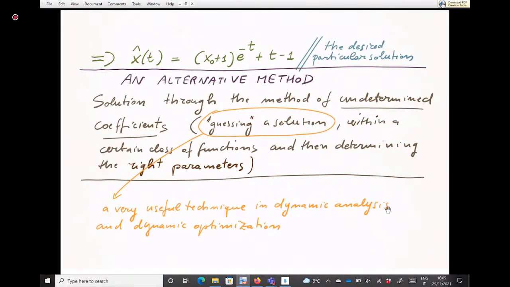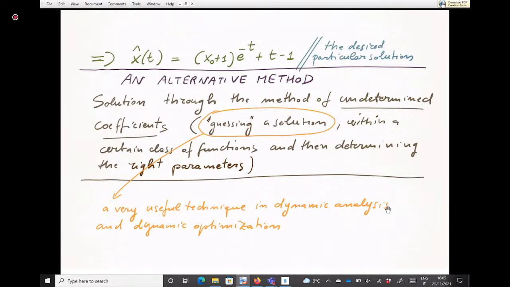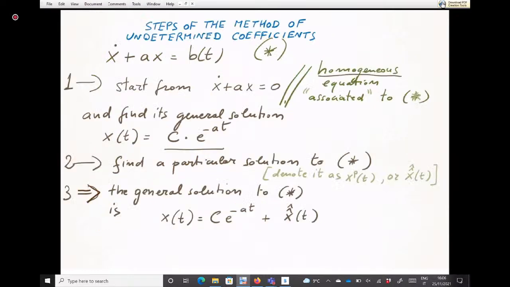There is one first method that I will show you later, which is called the method of the integrating factor. But there is an alternative method, which is the method of undetermined coefficients, that consists of guessing a solution among a given family and then finding the parameters. This is a very useful technique.